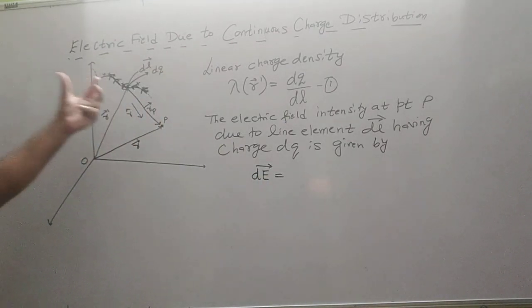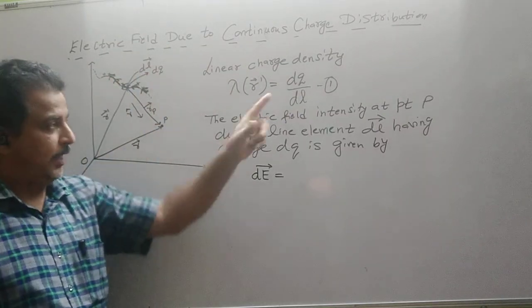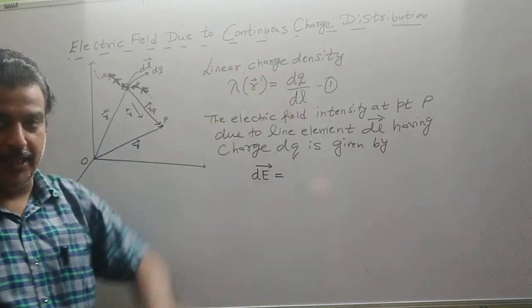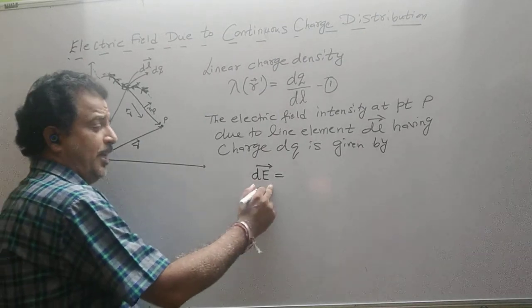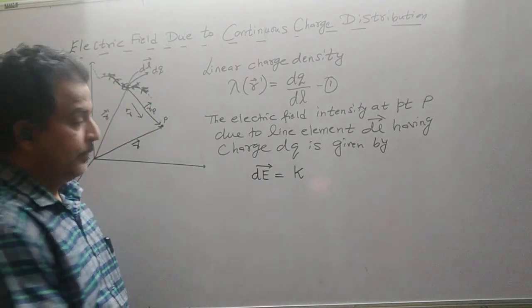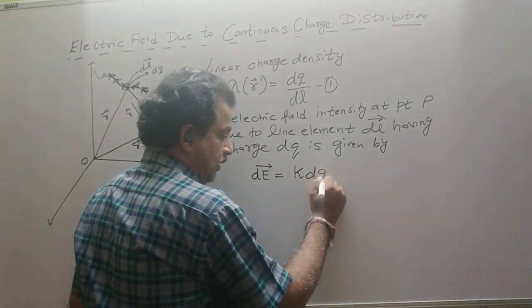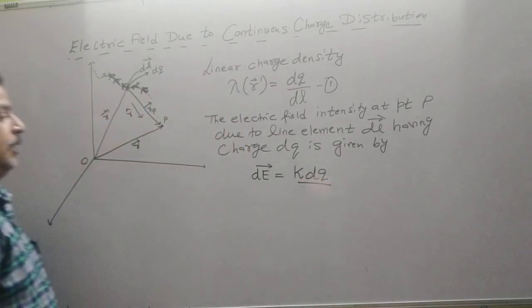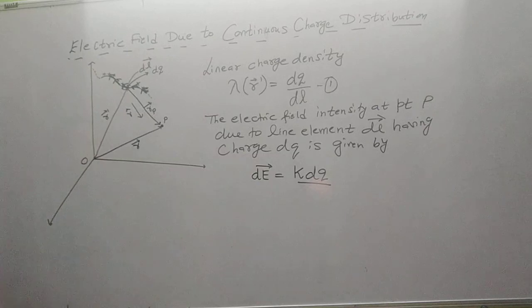If the charge distribution is somewhat larger, I can write delta Q upon delta L also, then it becomes delta E. Now this formula becomes K source upon distance between test and source.